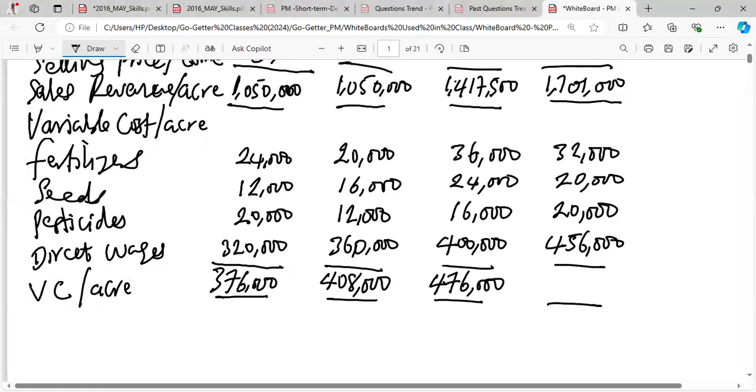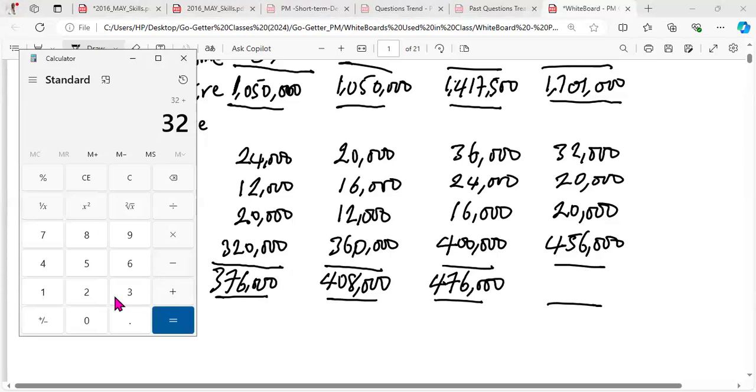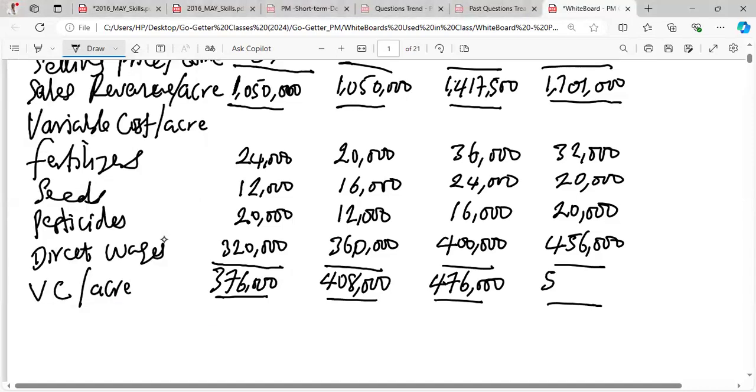The last one here, that's 32 plus 20 plus 20 again plus 456. 528. So this is your variable cost per acre.